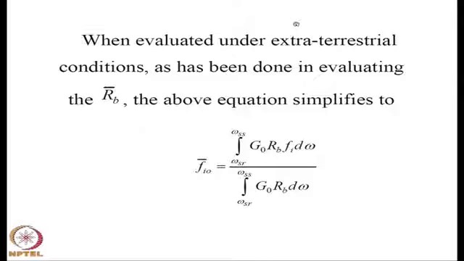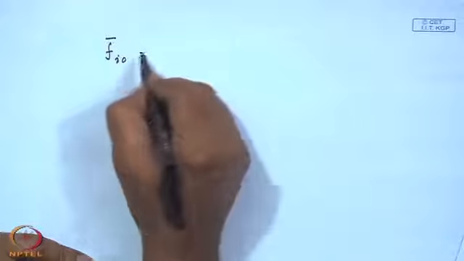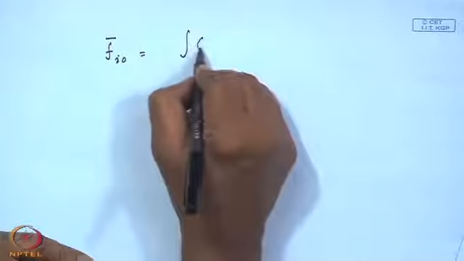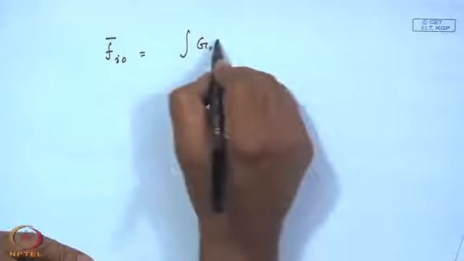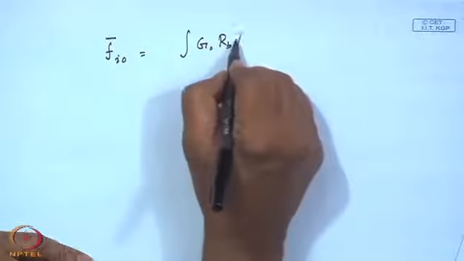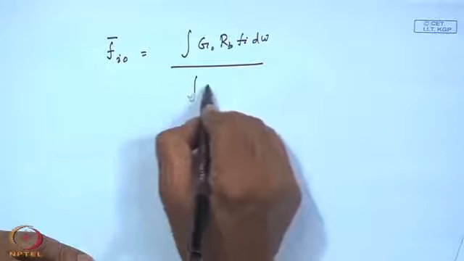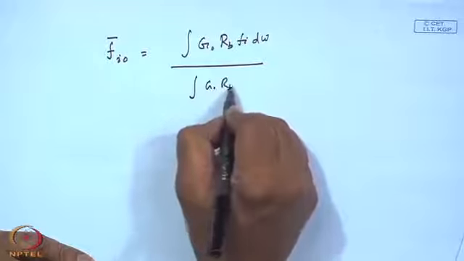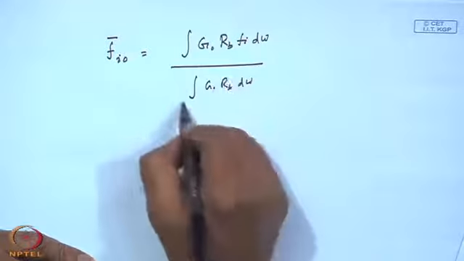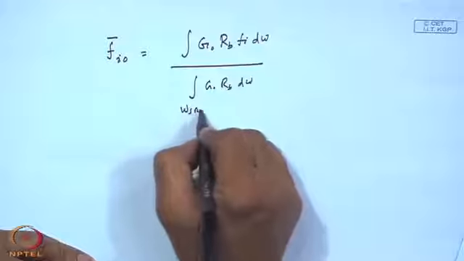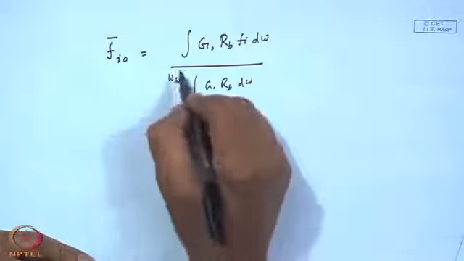So, just like under extraterrestrial conditions, it will be an integral. Of course, I will use the intensity G0 Rb Fi d omega upon G0 Rb d omega, again omega Sr to omega Ss.